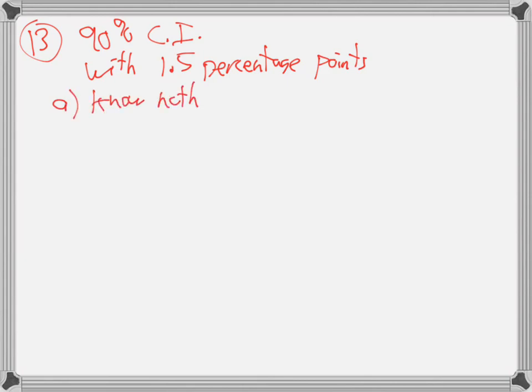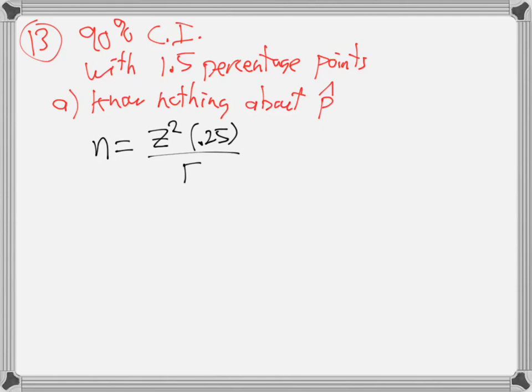So you know nothing about p hat in part A. All right, so let's crank it out. Let's write the n formula. It's going to be z squared times 0.25 over E squared, right? We good? I'm grabbing the know-nothing-about-p-hat formula.